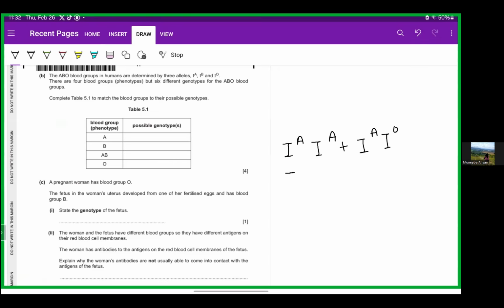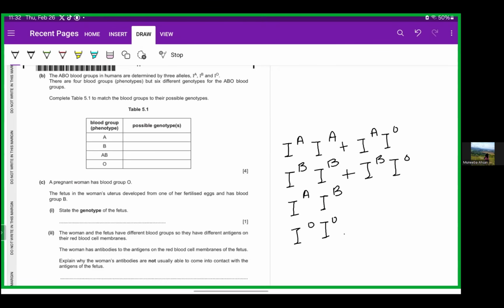Then for B, it goes the same: IB IB plus IB IO. Thirdly, they have asked about AB. So you know that could only be possible if they have both IA and IB alleles. And O is only possible in case of IO and IO. So these were the possible genotypes for the different blood groups.